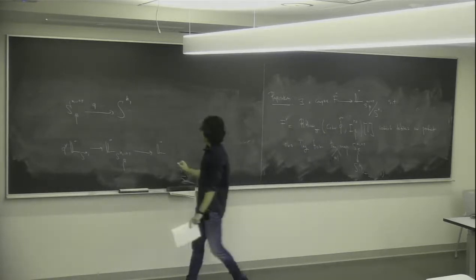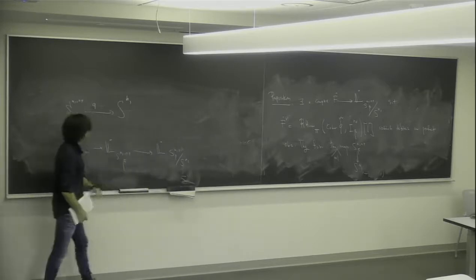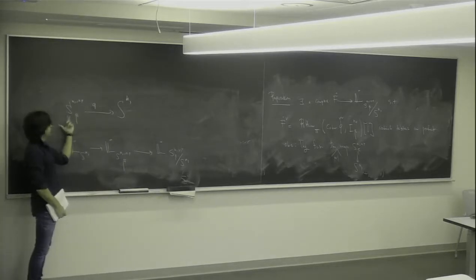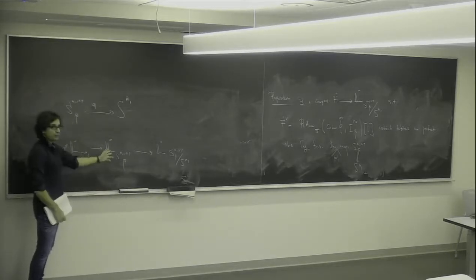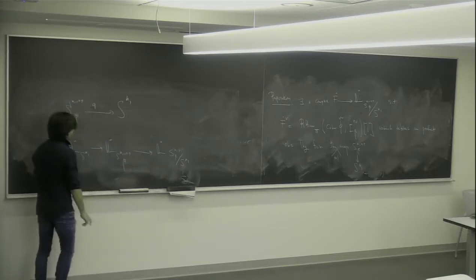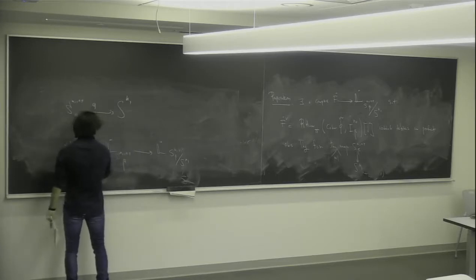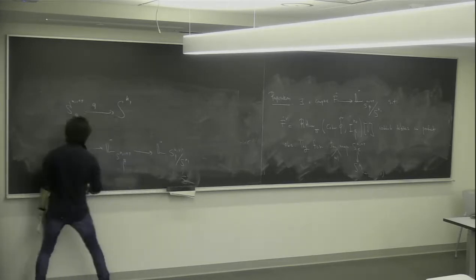So this is the difference. If you like, you can think of this as the definition of relative cotangent complex. If you pull back the cotangent complex of this, it gets mapped to this thing. The cone of the two objects in the derived category is some complex, and that's the relative cotangent complex. Now, what we are doing in here is we have constructed something.